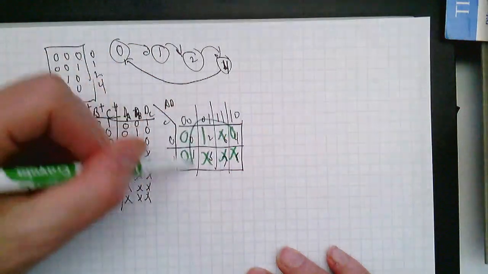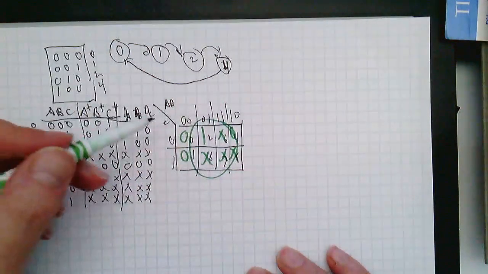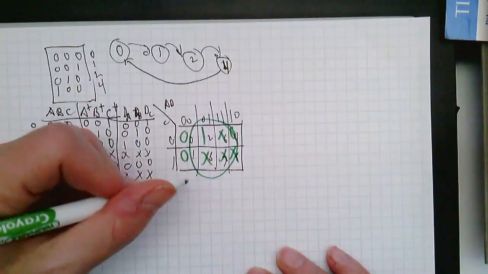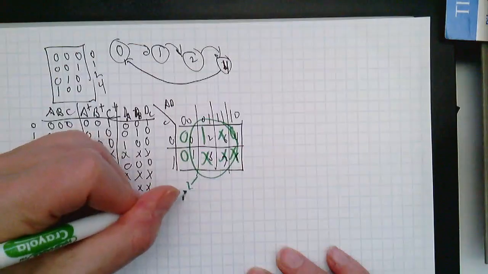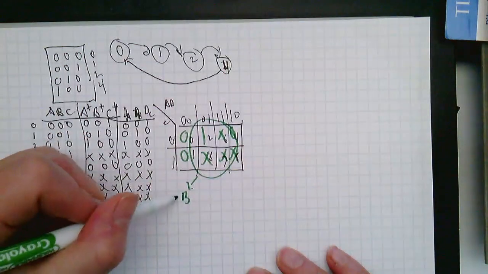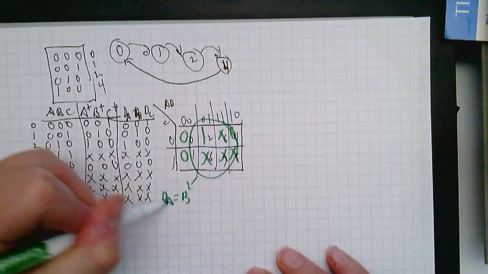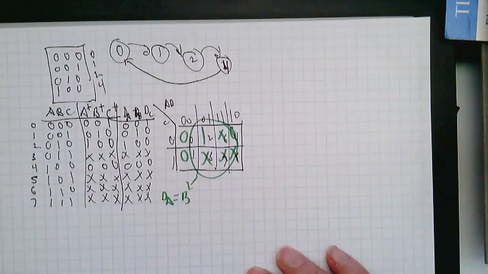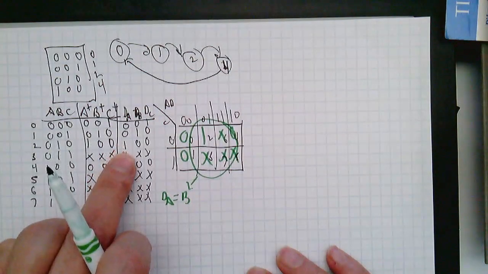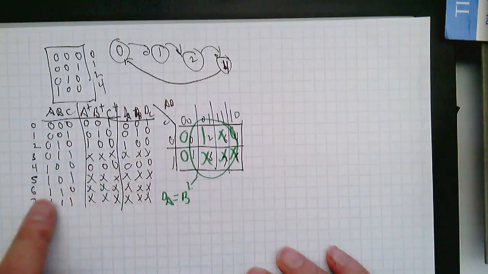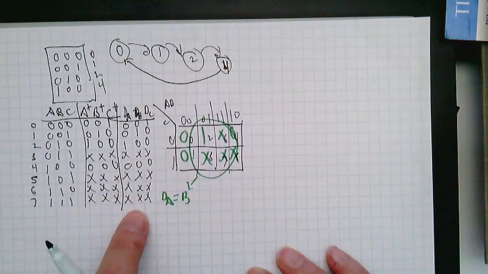I can loop this one right there, and that's going to be B. That'll be equal to D sub A. That makes sense because B will fit right in through here, and that's a don't care, and these are all don't cares.